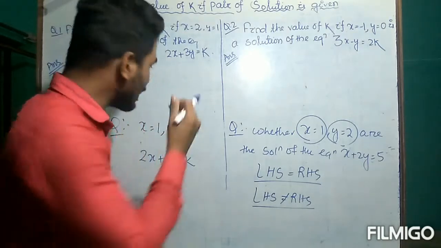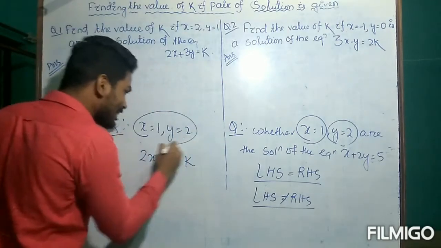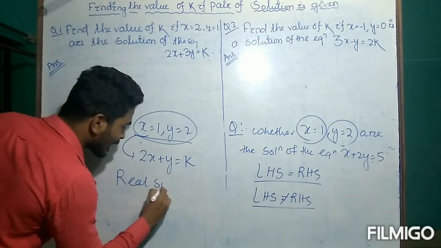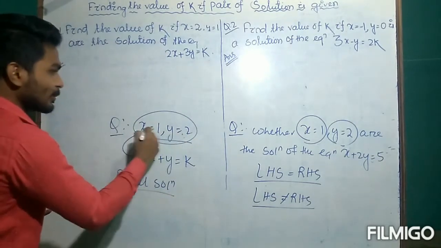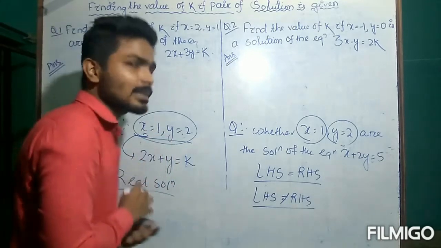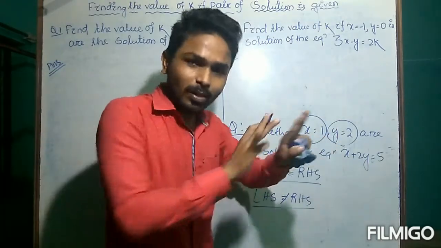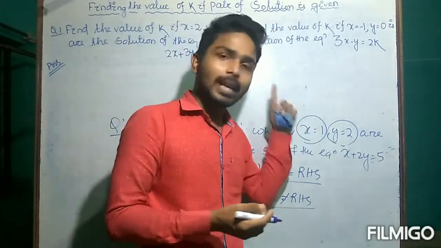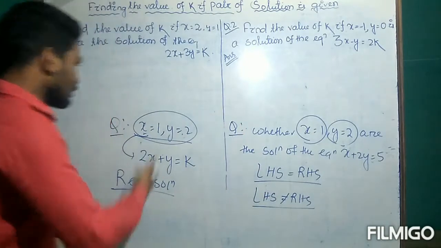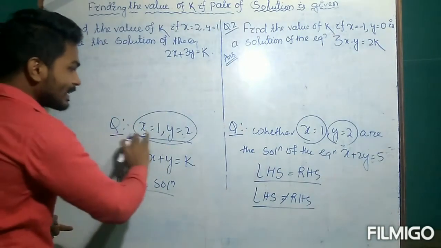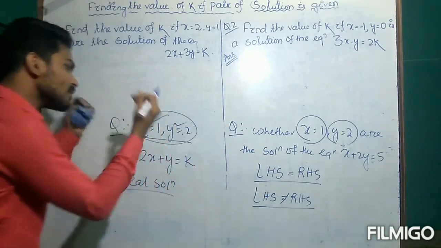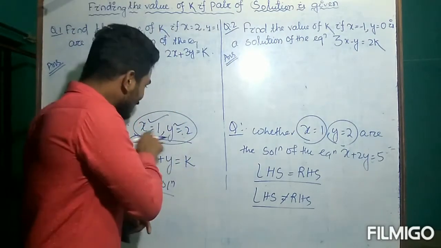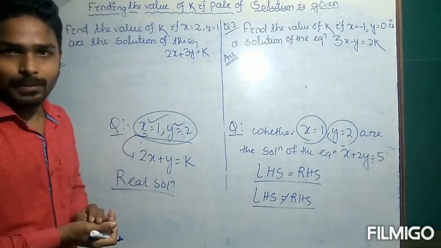The condition is that these two are the real solution of the given linear equation. We don't have to verify whether they are the solution or not, because it is given that they are the real solution. Since they are the real solution, these two values satisfy the equation.